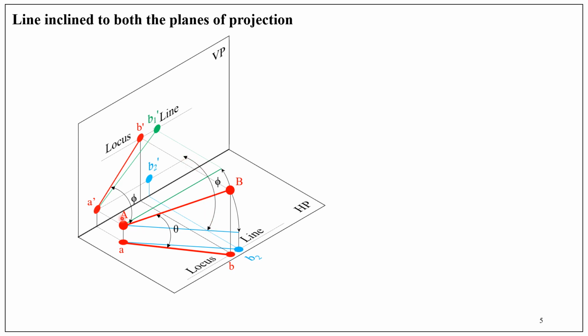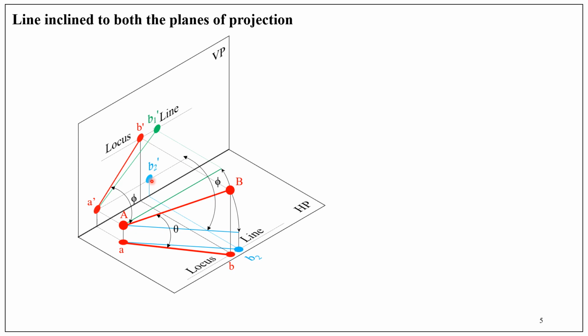Therefore, A dash B dash, which is the front view corresponding to the line AB2, is also equal to the front view A dash B dash. Therefore, A dash B dash length can be obtained by drawing the true length in the top view, assuming the line is parallel to HP and inclined at an angle phi to the vertical plane, and project its corresponding front view A dash B2 dash.